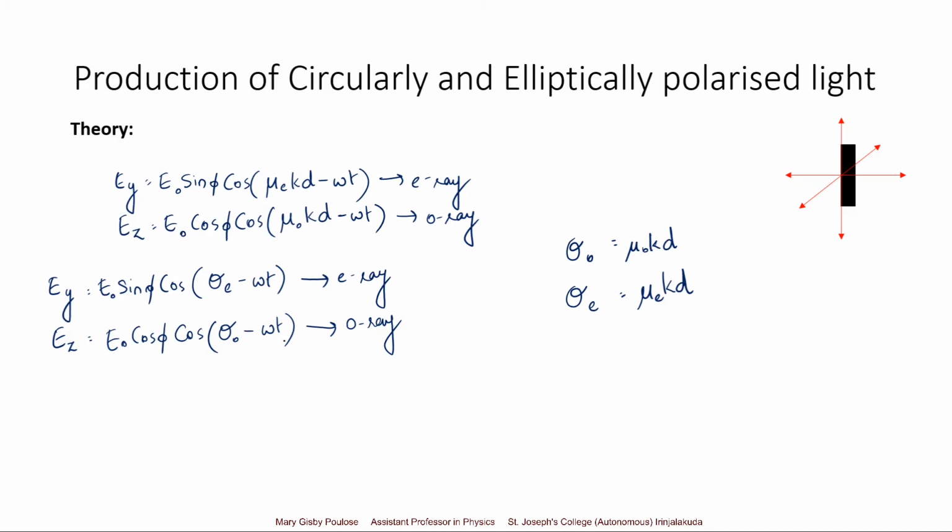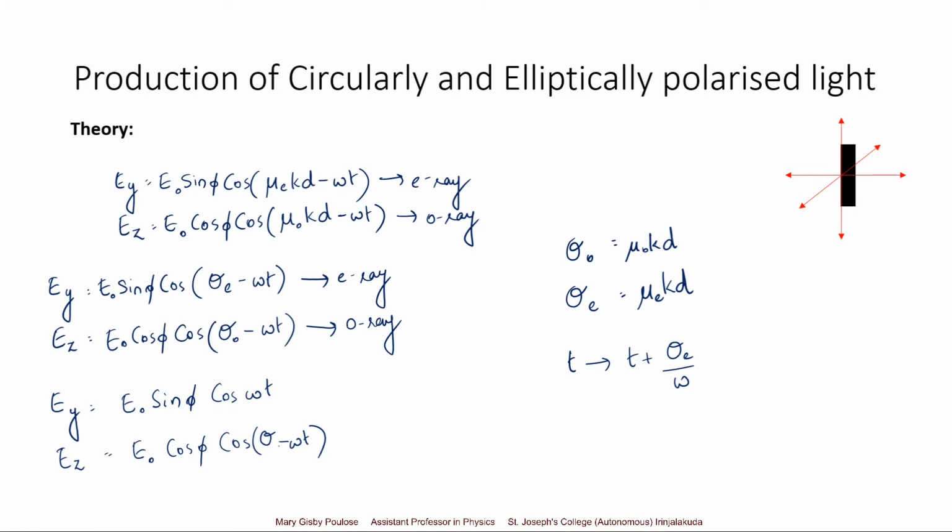Now, if we shift the time from t to t plus theta E by omega, these expressions become Ey equal to E naught sine phi cos omega t, and Ez equal to E naught cos phi cos of (theta minus omega t).